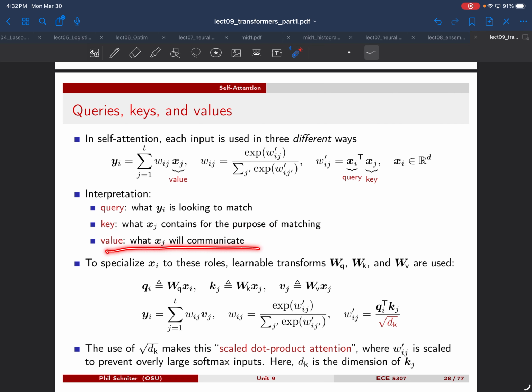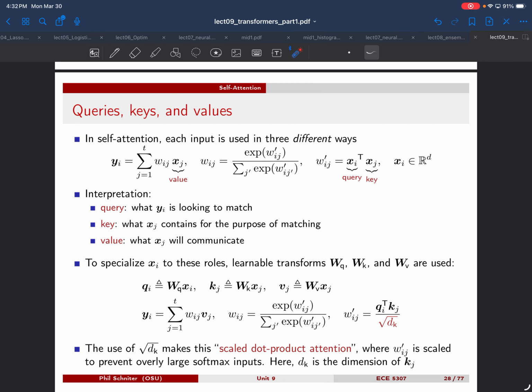And value: what xj will communicate or contribute. Because x is used in three different ways, it makes sense to apply three different learnable transforms, so that it can learn to function in a productive manner.